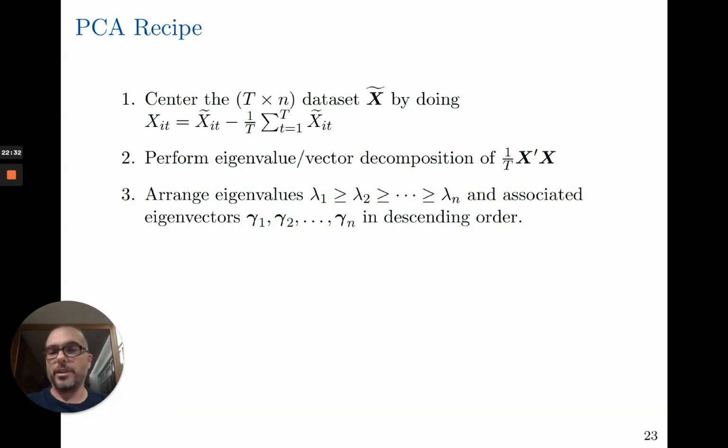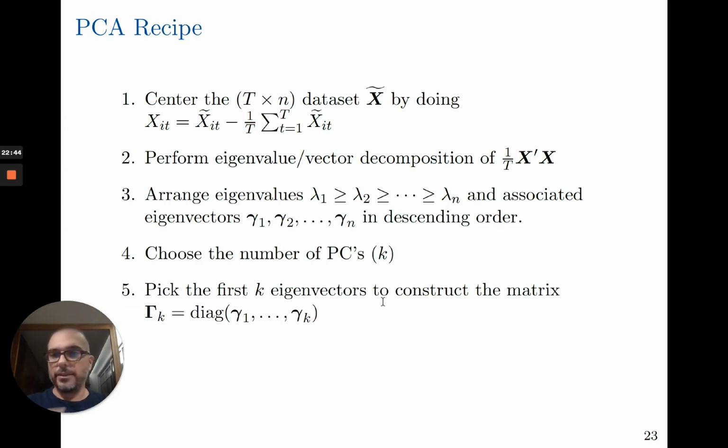Organize the eigenvalues in descending order, and sort the eigenvectors according to the eigenvalues. Choose the number of PCs, pick the first k eigenvectors to construct the matrix gamma k, and construct the new data set yk. So these are very simple 6 steps.